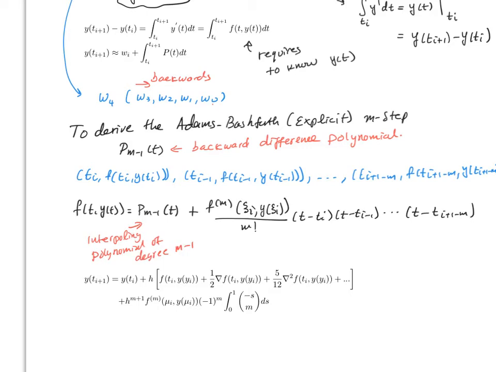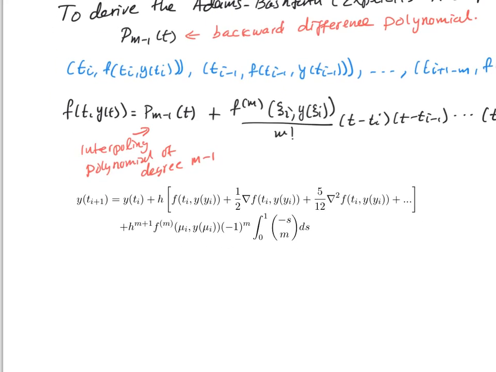Now, if you integrate both sides, where f(t, y) is replaced by all of this, then you will end up with the following equation. I don't expect you to memorize the steps, but it's not a bad idea to look at the derivation of this. This is very similar to what we did in section 3.3.